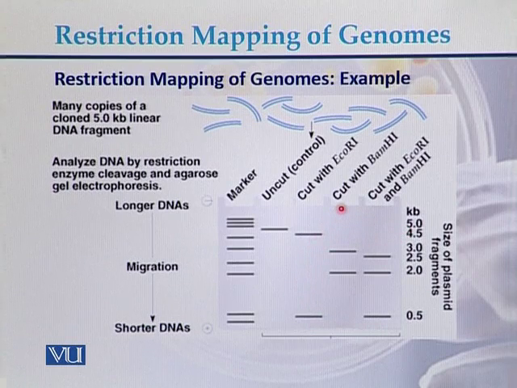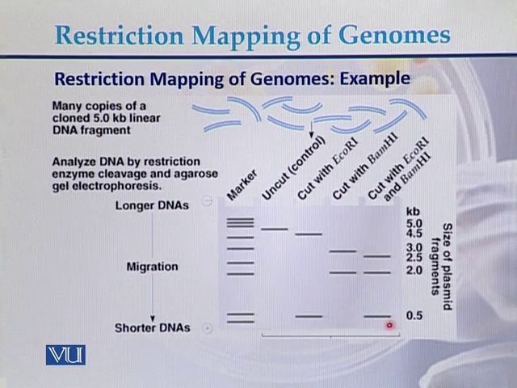And when we cut the same DNA with another restriction enzyme, BamH1, it produces two different fragments. The first fragment is 2 kb and the second fragment is 3 kb. And when we use both restriction enzymes simultaneously, it produces three different fragments.